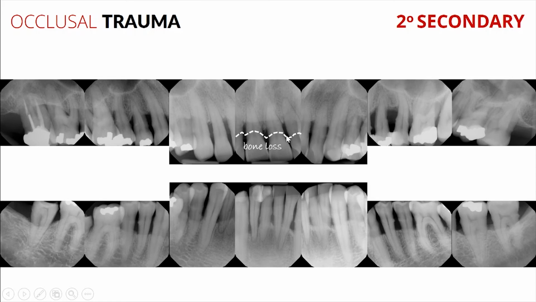Over time, due to periodontal disease, the patient has lost bone in a vertical direction. So again, this is analogous to digging up dirt around a tree. Now these teeth are going to be susceptible to trauma because they just don't have enough support.